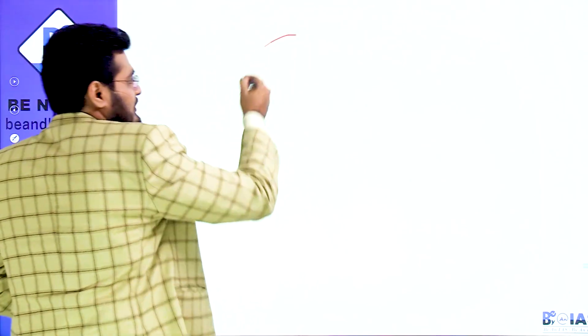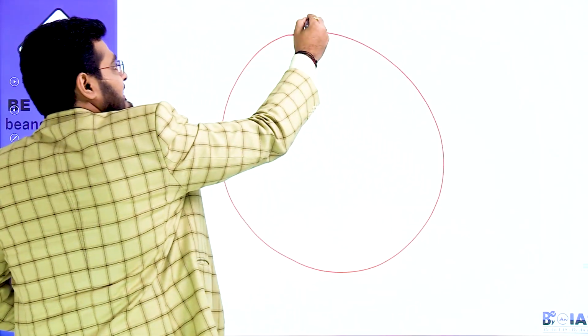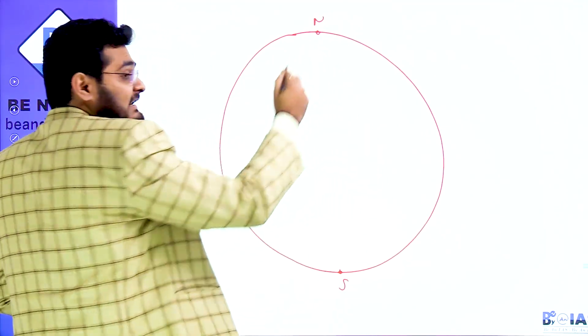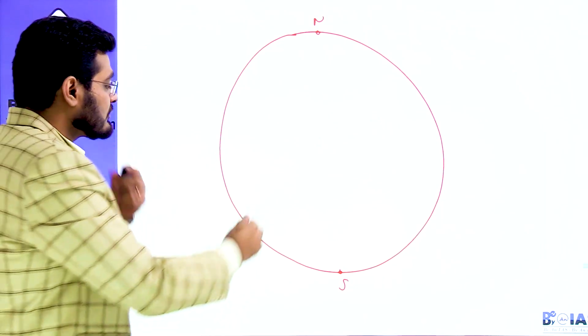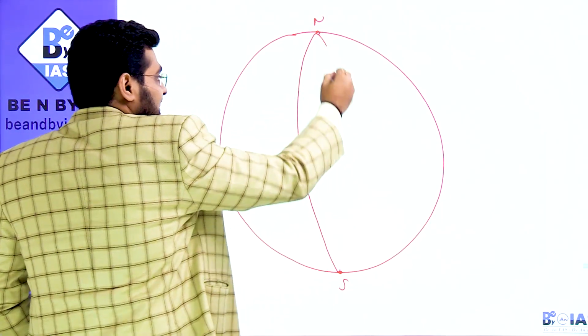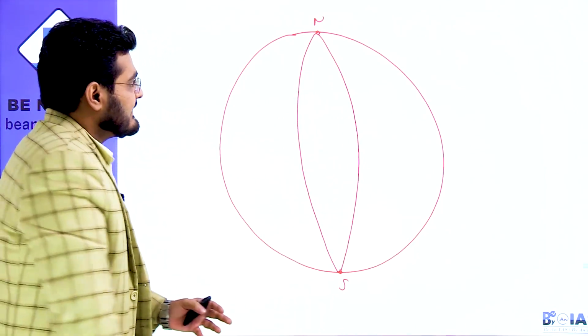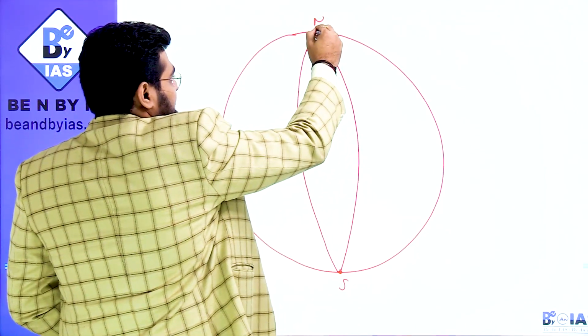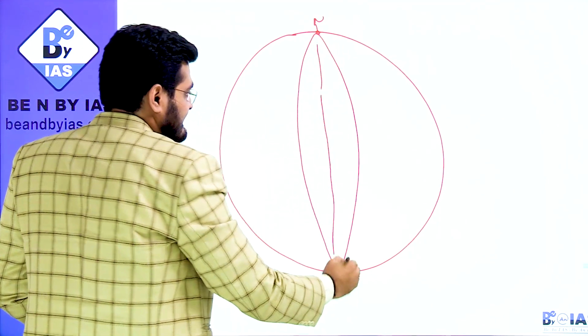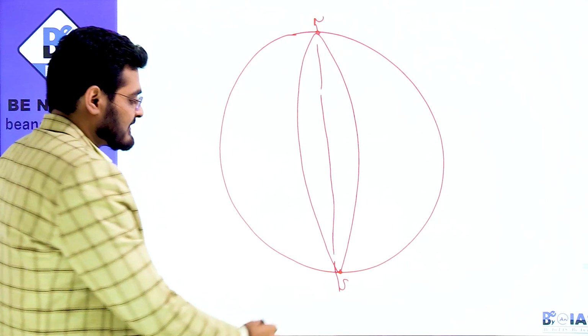If this is your Earth, and this is your North Pole, this is your South Pole, then the imaginary lines joining your North and South Pole are the longitudes. The prime meridian is the longitude which is at 0 degrees.